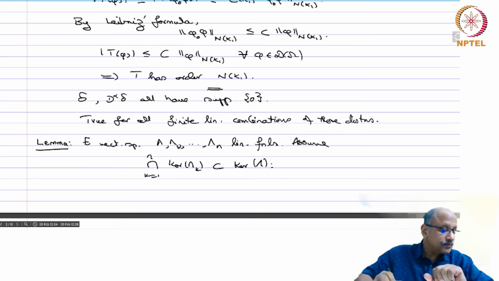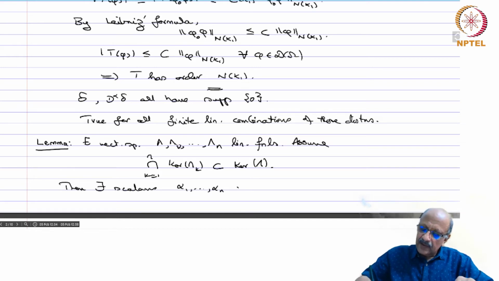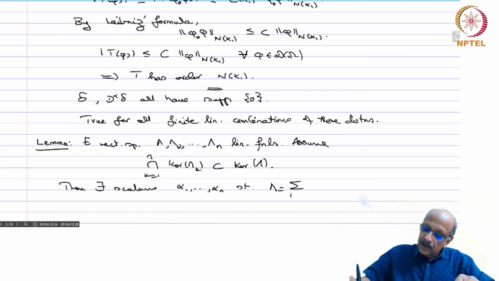Then there exist scalars alpha 1 to alpha n such that lambda is the sum over k equals 1 to n of alpha k lambda k.